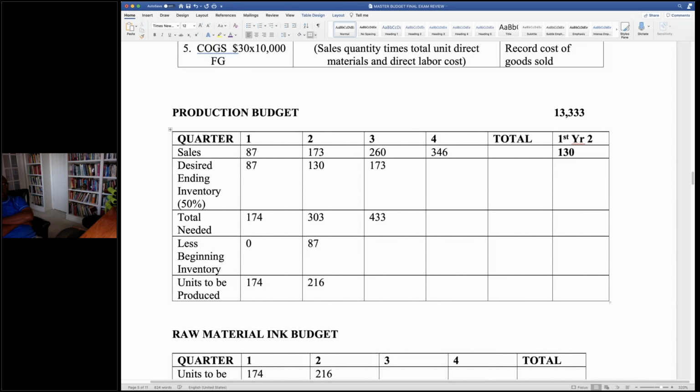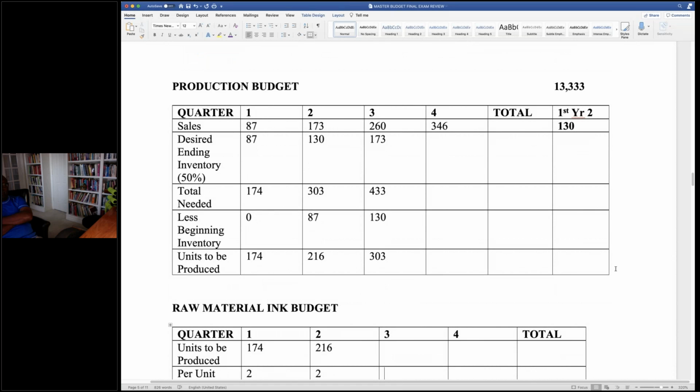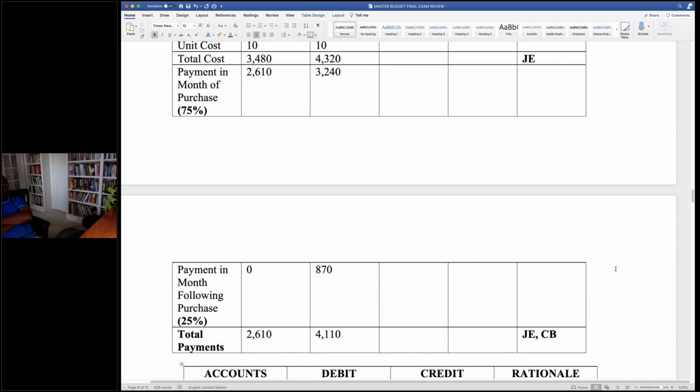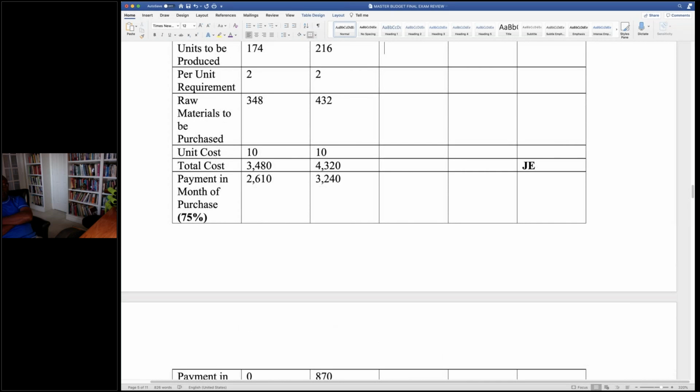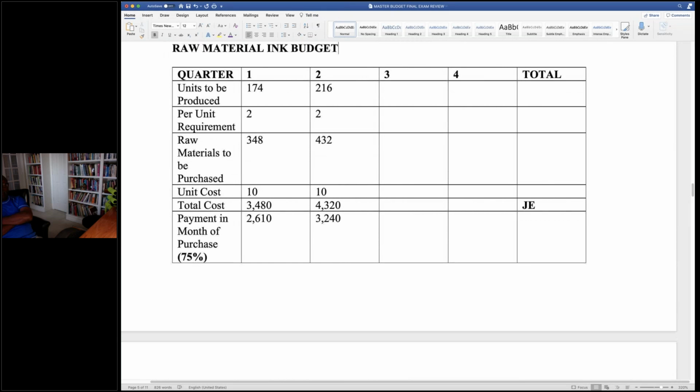Then we're gonna take the previous inventory, which was 130, and subtract that from 433, and we're gonna get 303. Then we're gonna go down and put that on this chart right here.